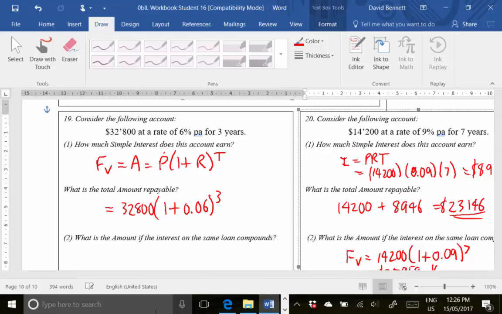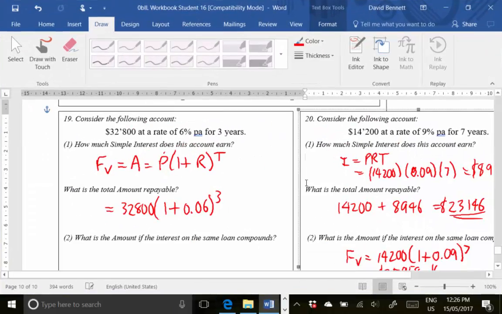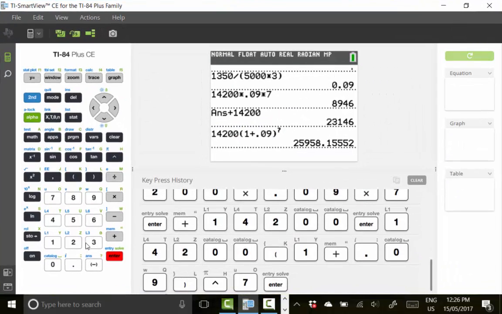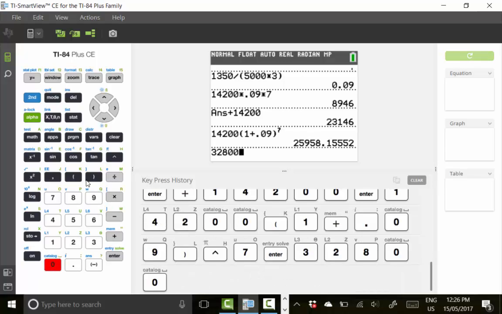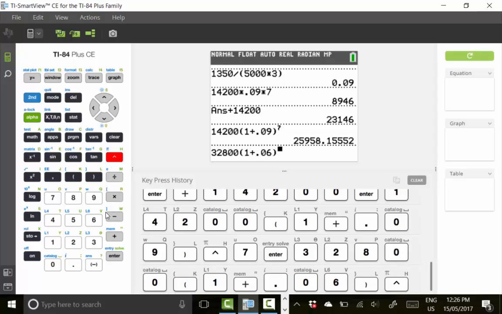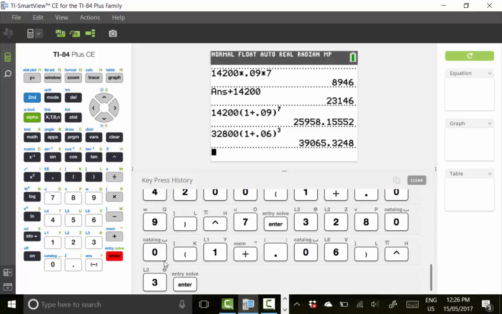So in your calculator, 32,800, then bracket, 1 plus 0.06, to the power of 3. And that works out to be $39,065.32.